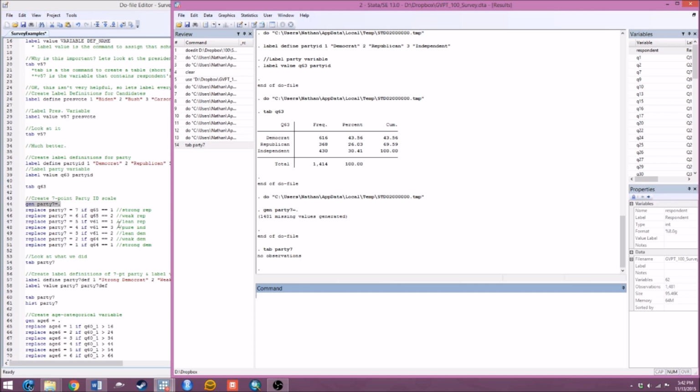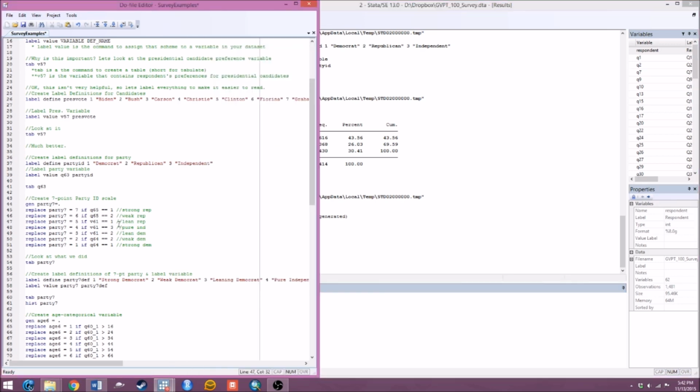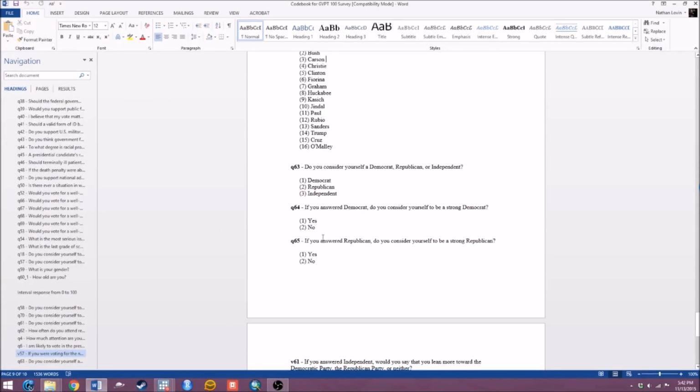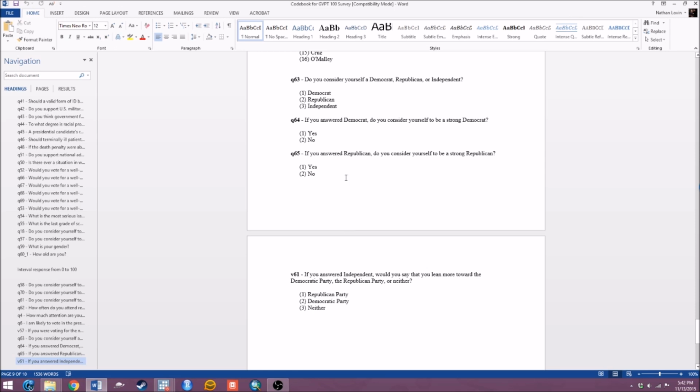Now we want to populate it, and the way we do that is go to our codebook, and we look at the leaning question and the strength questions, and we use this to create our scale.